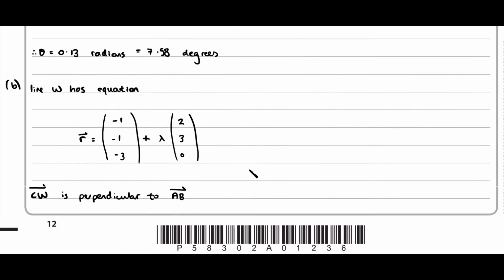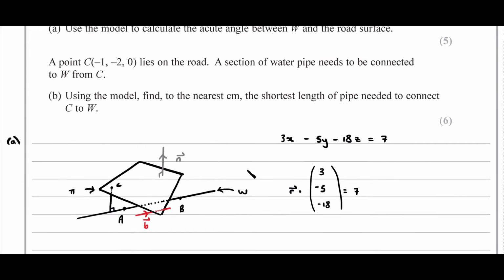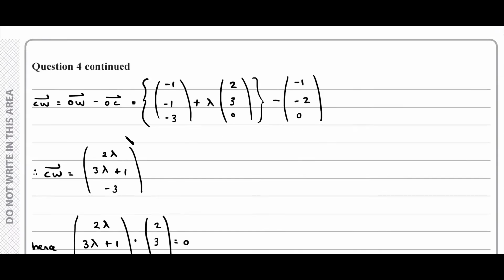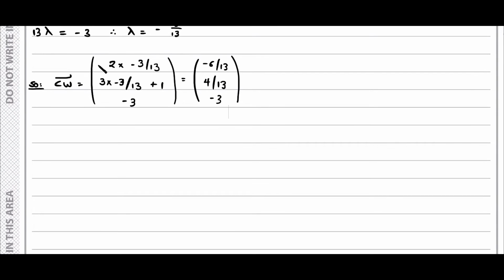Hence we can find out the shortest distance CW by taking the magnitude of CW. So the magnitude of CW will equal minus 6 over 13 squared plus 4 over 13 squared plus minus 3 squared, and this is square rooted.